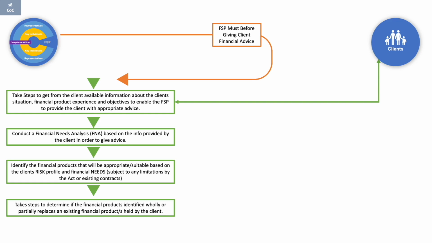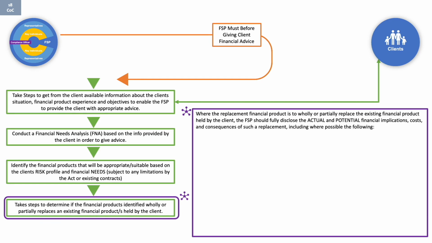Once the FSP has identified financial products, the FSP must then take steps to determine if the financial products identified wholly or partially replaces an existing financial product or products held by the client. Take note that when existing financial products are to be replaced by new financial products, there is some disclosure that needs to be made.